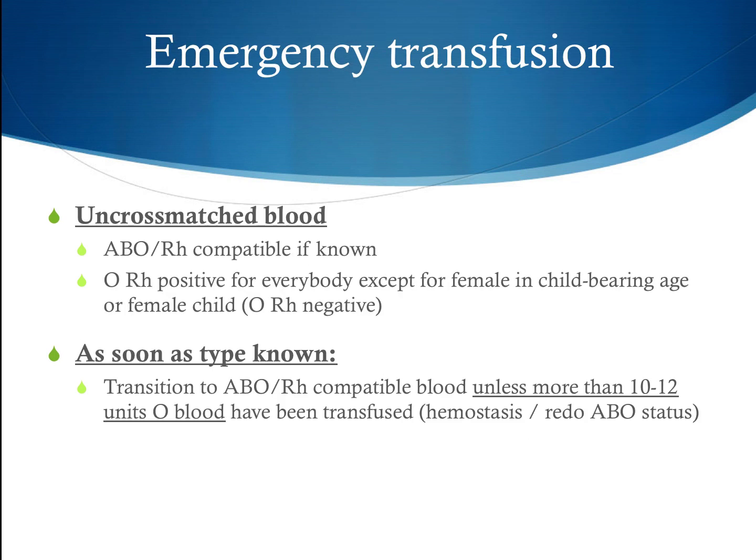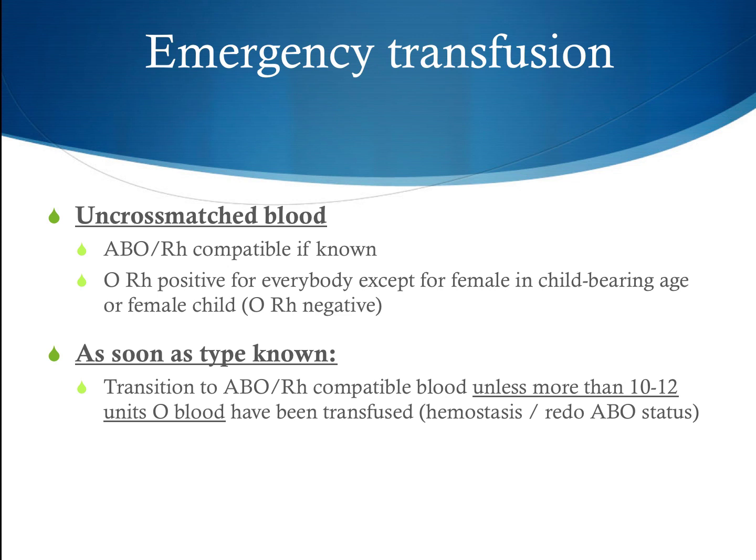In an emergency situation, using uncrossed blood, if we know ABO and rhesus compatible, great, that's the route we should go. If we don't, we use O as a universal donor and O positive for everybody except female in childbearing range or female child.